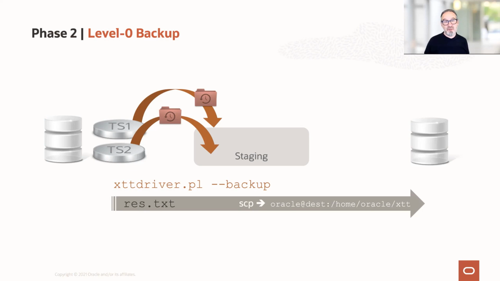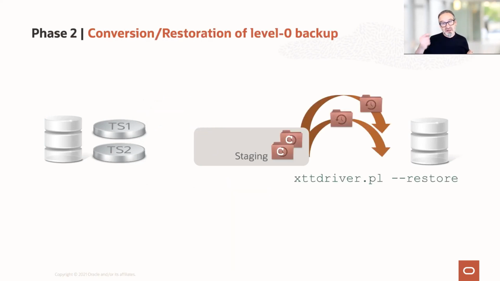It's an image file copy backup, stores it in the staging location, and in addition creates this res.txt, which I need to SCP over to my target platform. Now with that file being on the target side received, I can there start the XTD driver PL --restore. And if a conversion is needed, it will detect it automatically and implicitly will do the conversion for you. So no extra work needs to be done.